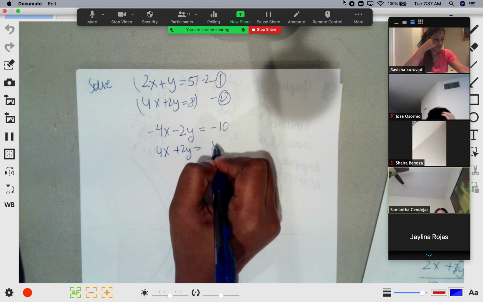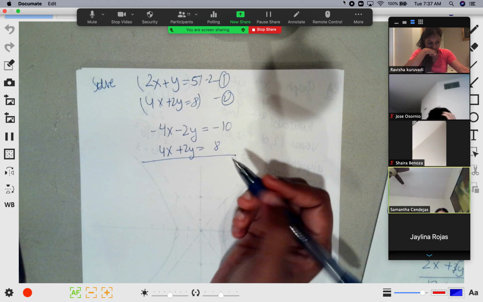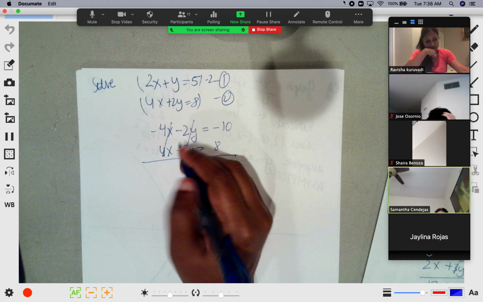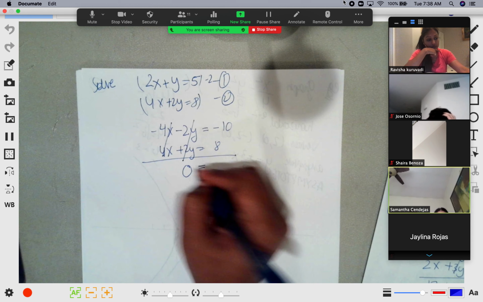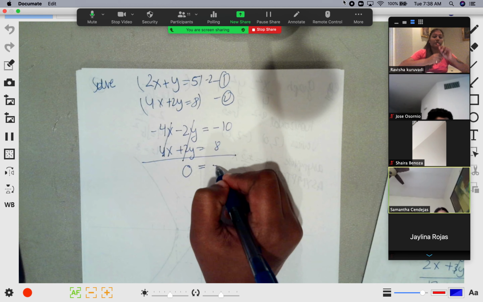Correct. They actually eliminate themselves for x and y. So what are you left with? You're left with 0 is equal to negative 2. Absolutely correct. Everybody make a note here.